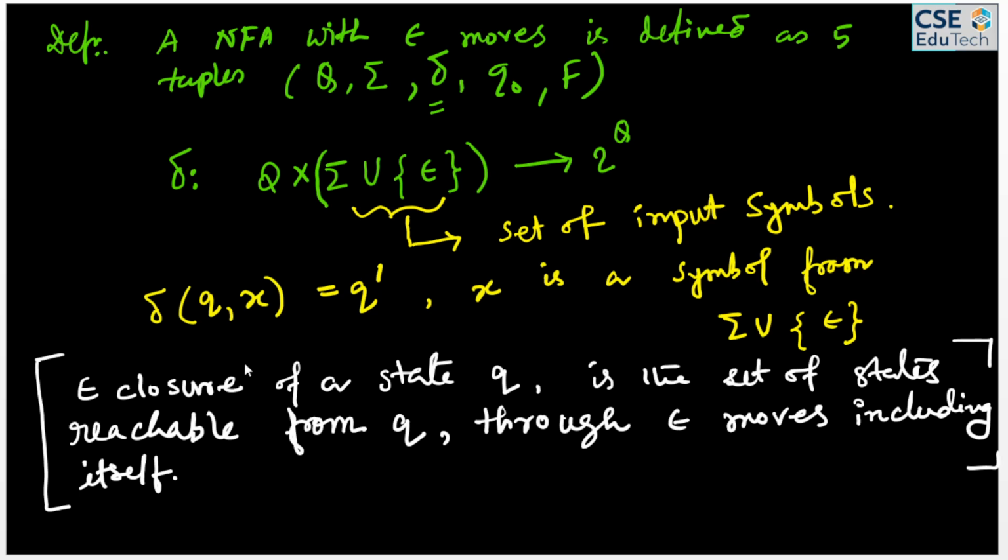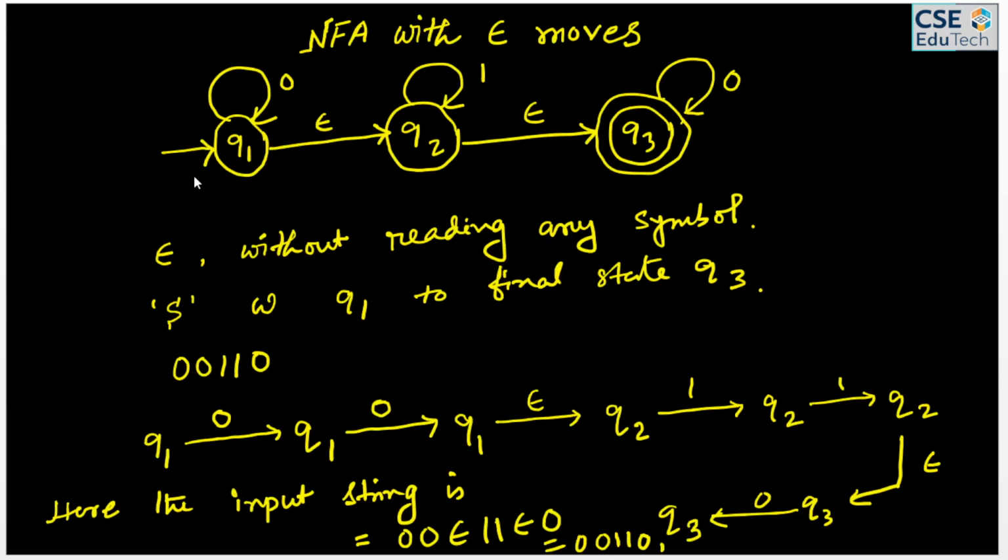If you want to find the epsilon closure of any state, it is the set of states that are reachable from that state Q through epsilon moves, including itself.